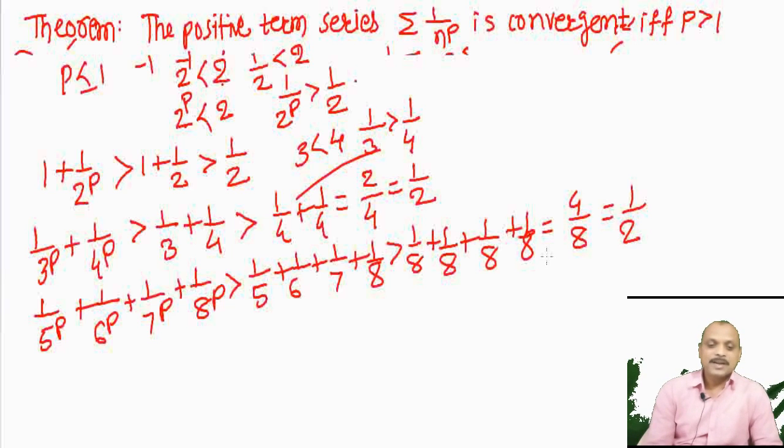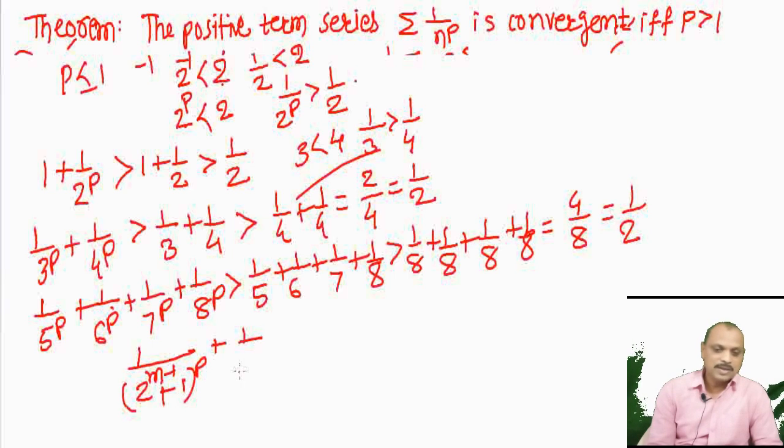Now continuing in this manner, we write here 1 divided by (2 raised to m minus 1 plus 1) whole raised to p, plus 1 divided by (2 raised to m minus 1 plus 2) whole raised to p, and so on up to 1 divided by (2 raised to m) whole raised to p.